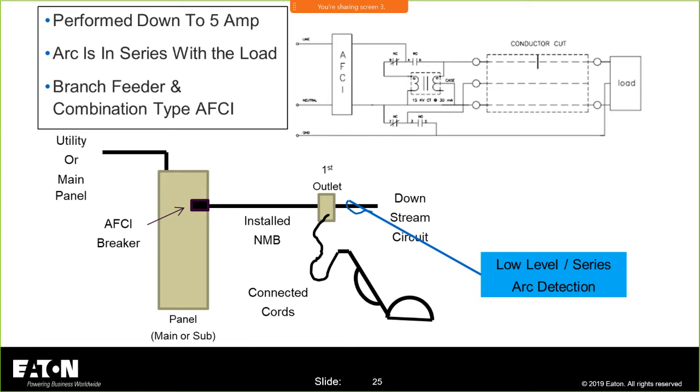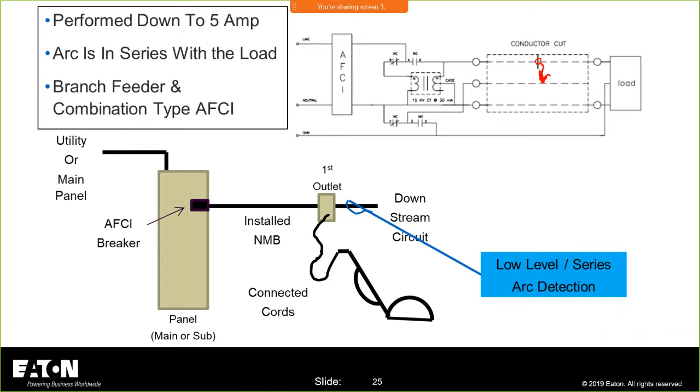So when this happens and you carbonize this, where is the arc going to go? It's going to go directly to the equipment grounding conductor that's in between the hot and the neutral.